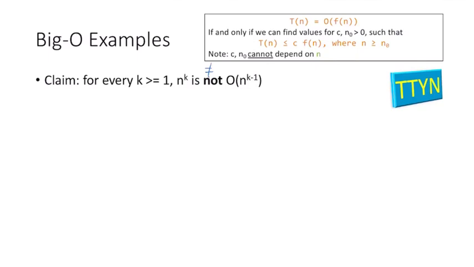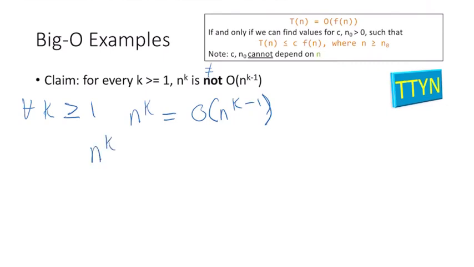So we'll just invert the claim, and we'll say that for all values of k greater than or equal to 1, n to the k is big O of n to the k minus 1. We're just inverting the claim. So instead of saying it's not equal, we'll say it is equal. Meaning that n to the k is big O of n to the k minus 1. Which means that n to the k is less than or equal to some constant times n to the k minus 1 for all values of n greater than or equal to n naught.